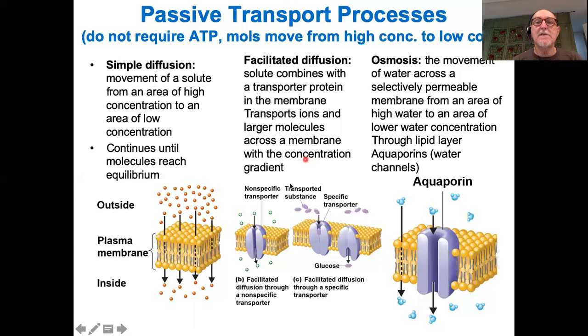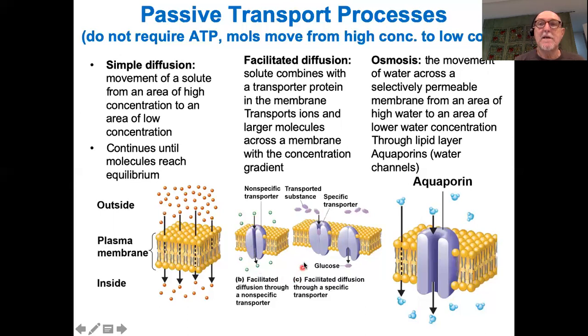These proteins are integral proteins embedded into the membrane. They have a passageway through the middle of them, but they are specialized. They don't just allow anything to diffuse across. They are actually selective, so they only allow certain stuff to get across. Some of them have a simple passageway all the way through.